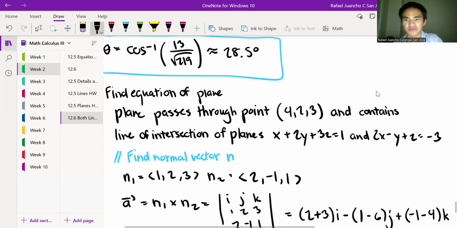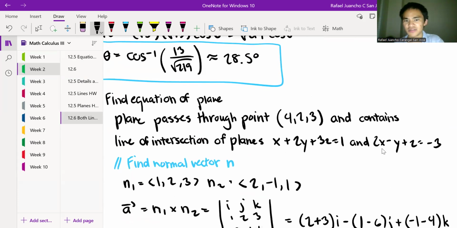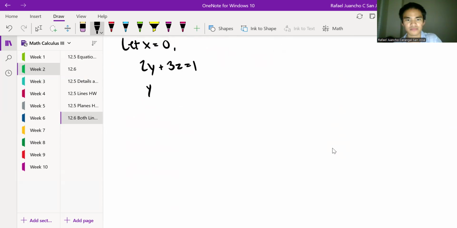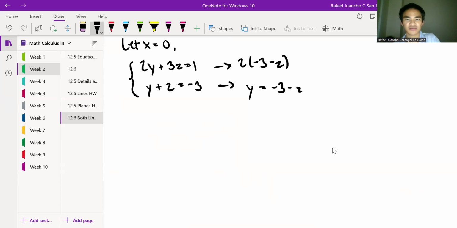And then we have another equation here, which is y plus z is -3. And then I can just plug in one of them. So I can solve for y and z. So y is -3 minus z. And then here I can say 2 times (-3 minus z) plus 3z is 1. This is minus 6 minus 2z.